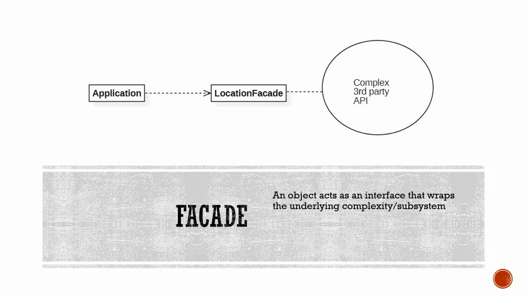So the other parts of the system can simply use that location facade instead of interacting directly with those complex APIs. The benefits are, of course, reusability, high cohesion, low coupling, and also more readability.